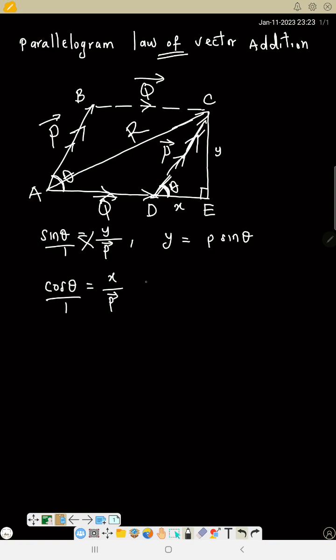So cross multiply again. So x is equal to p cos theta. So that means we have known x and y. y is p sin theta, x is p cos theta. So now let me put it there now.